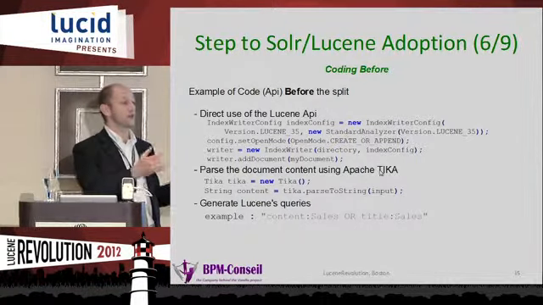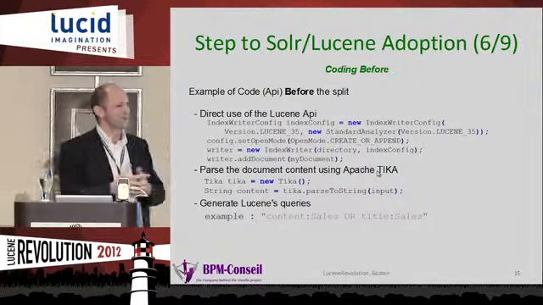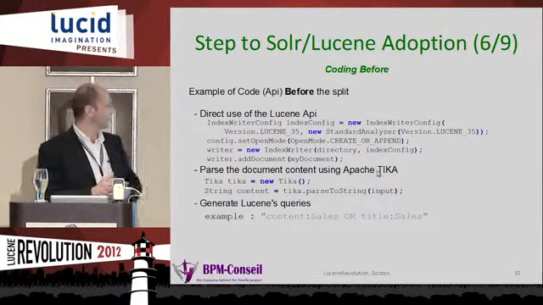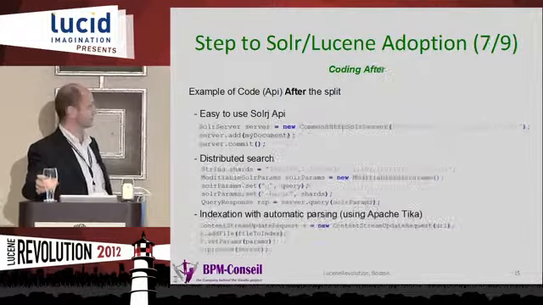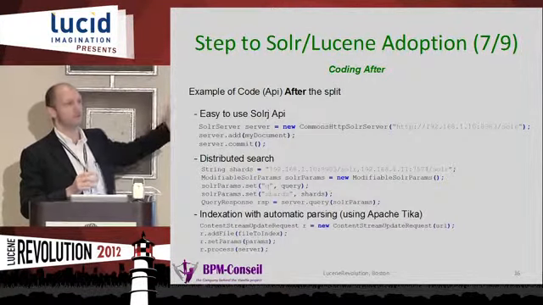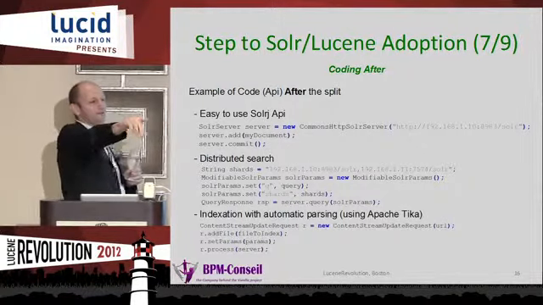I heard only bad words about Tika during two days. Sorry, we use this. It was running embedded, no problems. And we generate some Lucene query and code after. Be cool with me, don't ask me about this. I'm not a developer, so ask my friends.